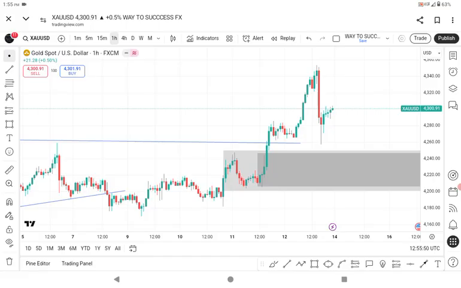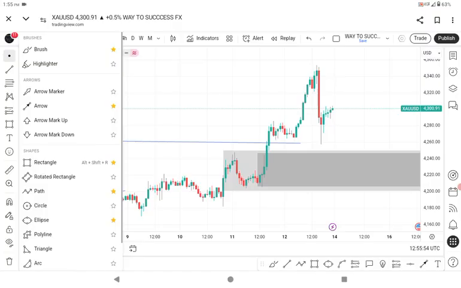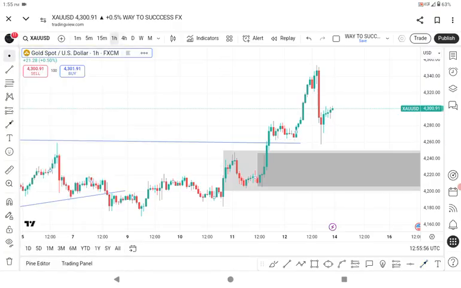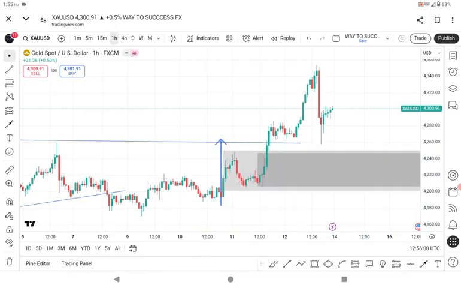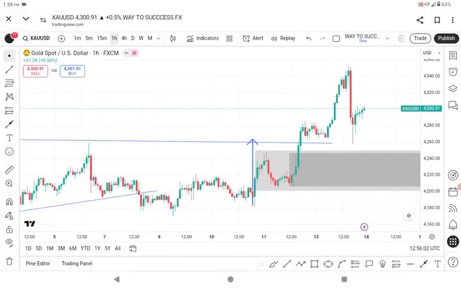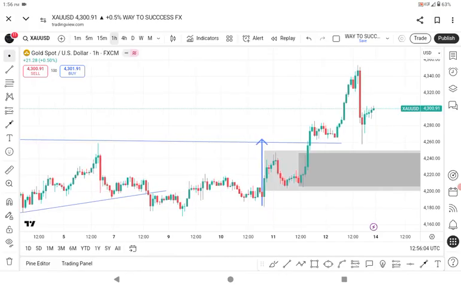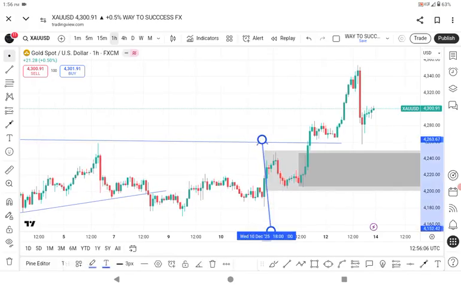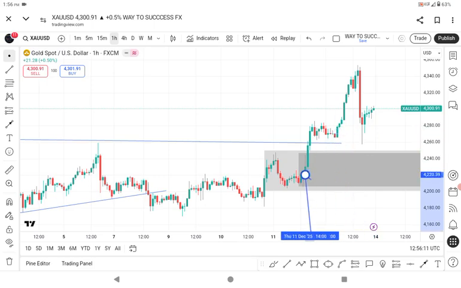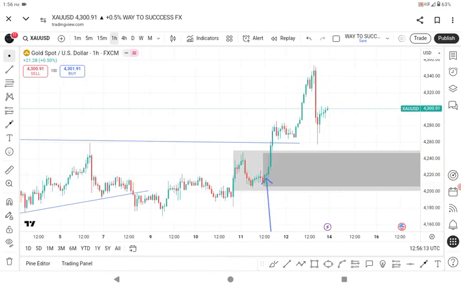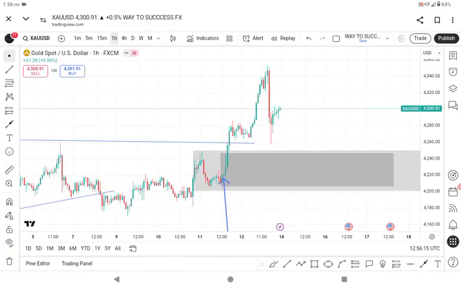I'm expecting price to come back down, coming back down to mitigate this level here in H1, which is also kind of an H4 refinement level.